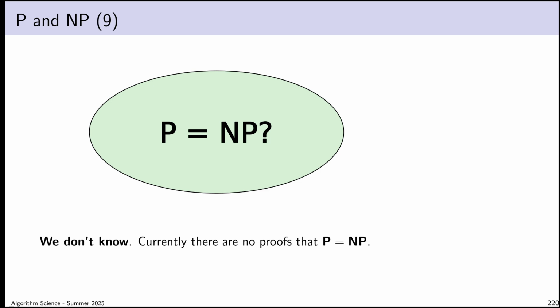If P equals NP, then any problem that could be verified in polynomial time could be fully solved in polynomial time. That is a pretty provocative statement: the idea that the ability to verify a problem efficiently implies that you can solve the problem efficiently as well. But we don't know. We haven't been able to prove that P isn't equal to NP, and we haven't been able to prove that P is equal to NP.